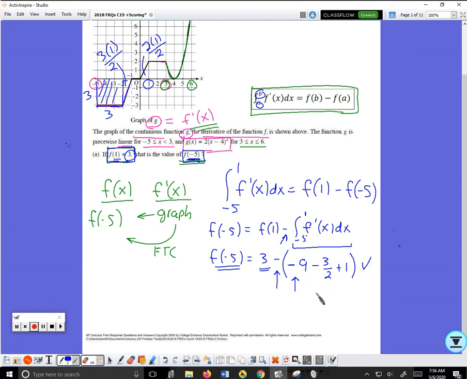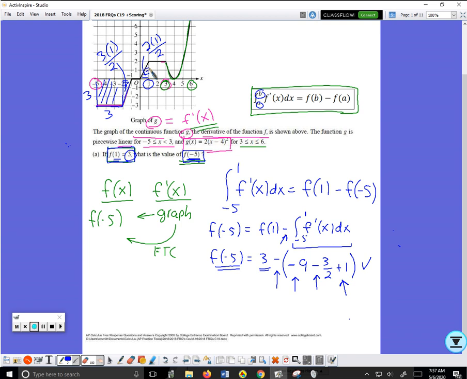This negative is due to this area here. Positive 1 is due to this area.